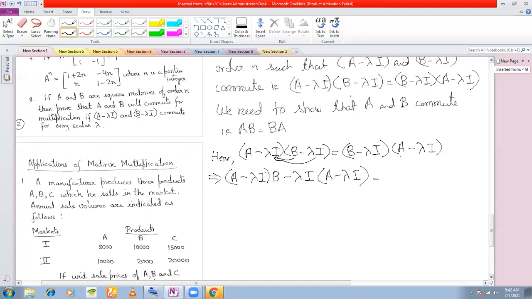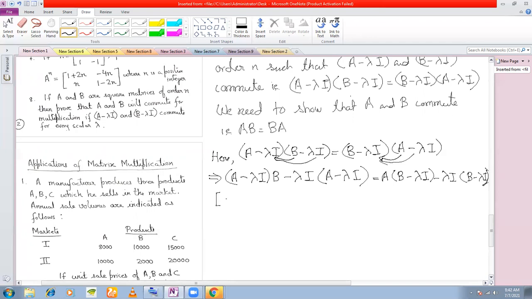Which is equal to, again, you can distribute A over this, which is equal to AB minus lambda I into B minus lambda I, right?